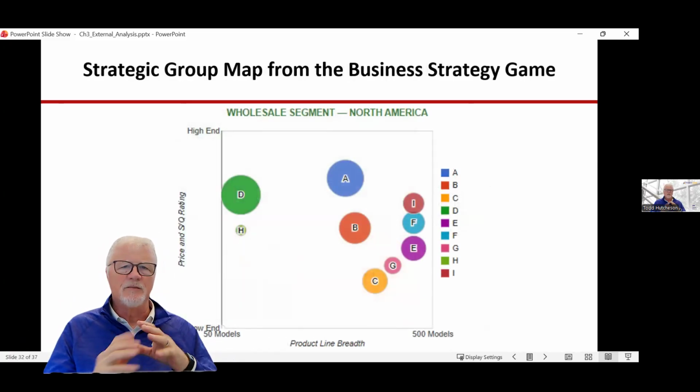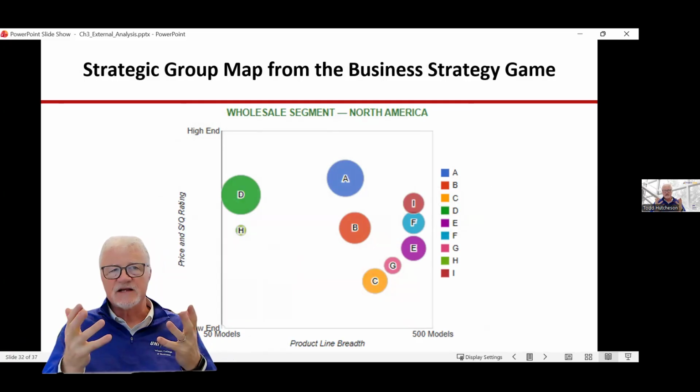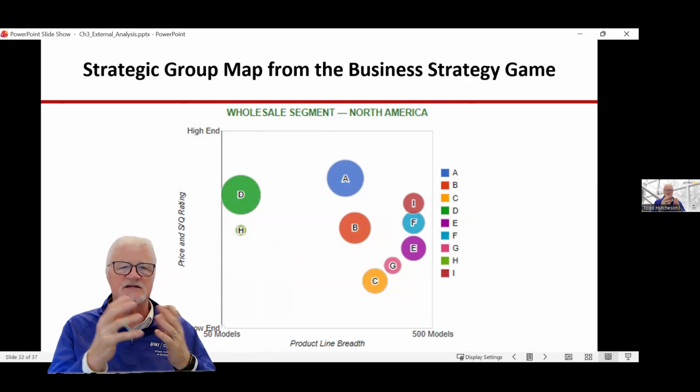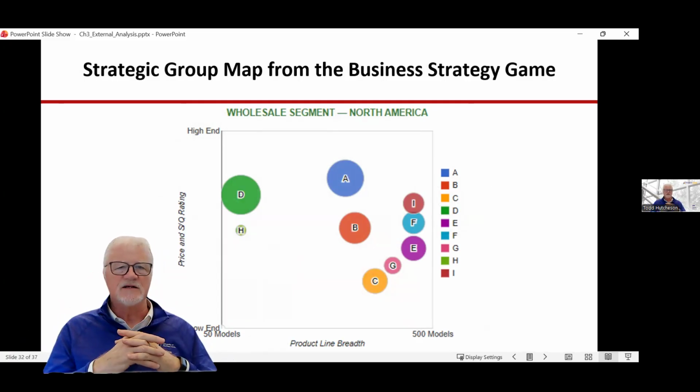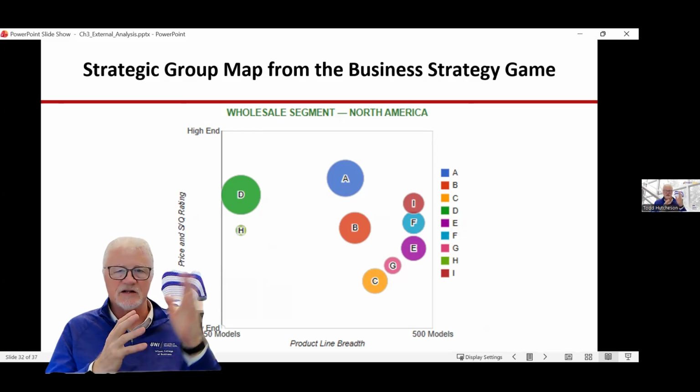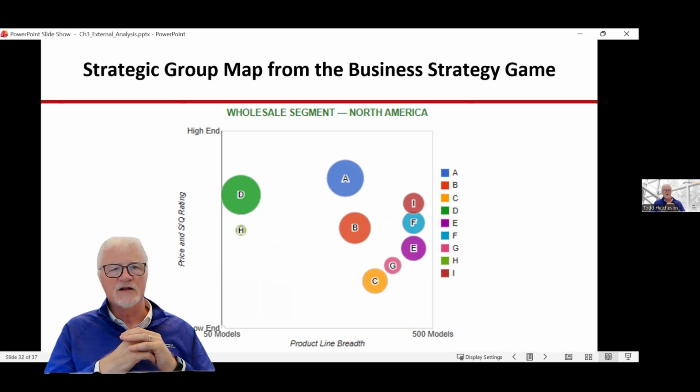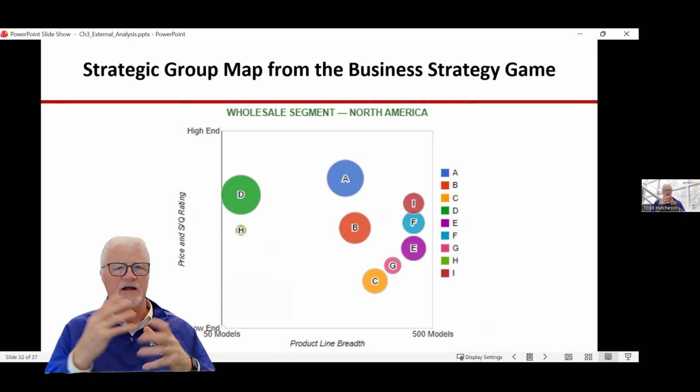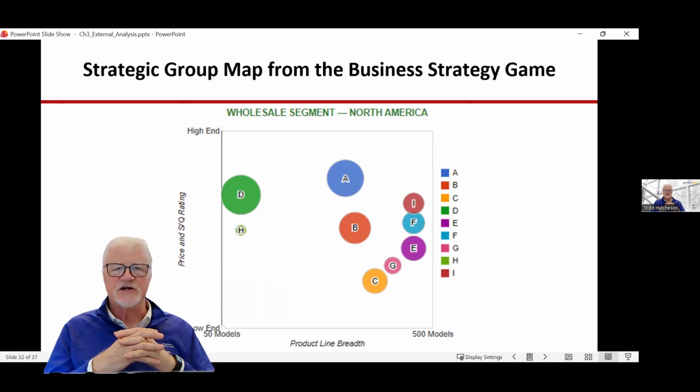Another example is the business strategy game that we're going to be running later. It uses that athletic shoe model we talked about, and in this case they chose price and quality, basically the SQ rating. You're going to get much more familiar with that. Price and SQ is one axis, and product line breadth is the y-axis. You can see that there's differentiation that has to happen, and you'll find how important that is when we play the game.